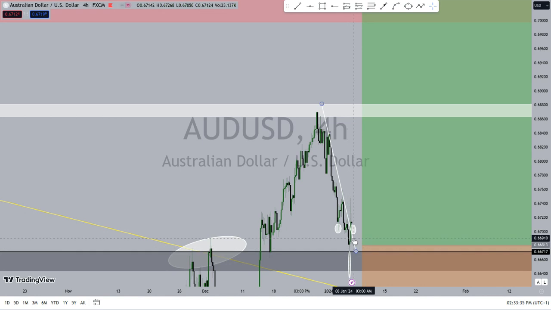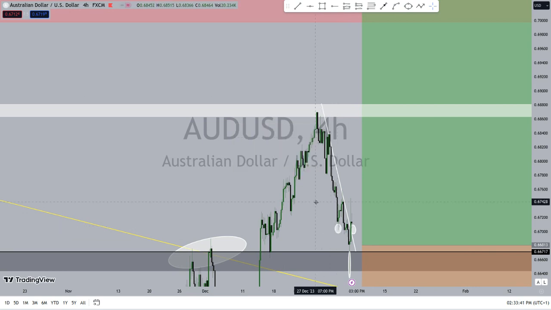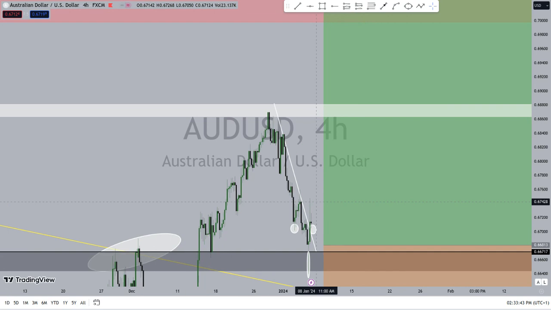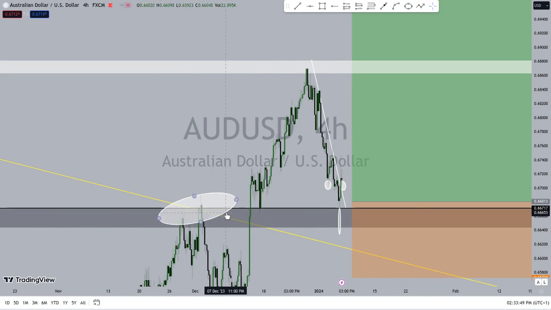So for AED we're bullish at the moment. Why are we bullish? You can see due to the fact that AED broke above this trend line, came back to retest it for the second time, giving us a second leg.